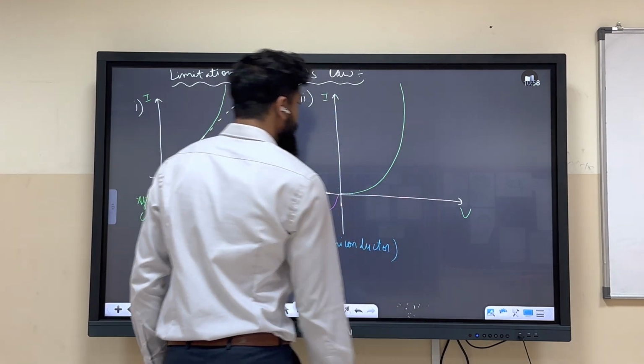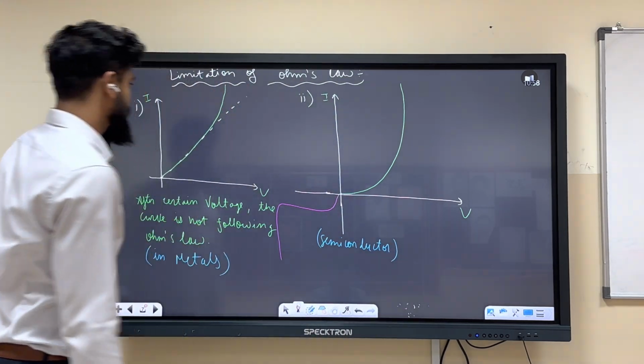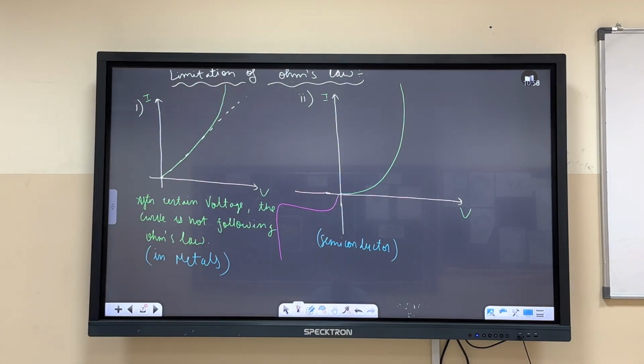Now, are you able to see? For metals or semiconductor?